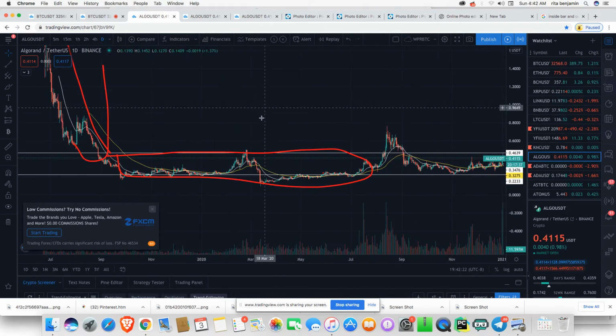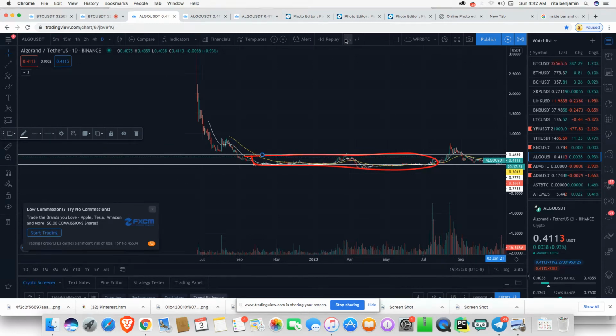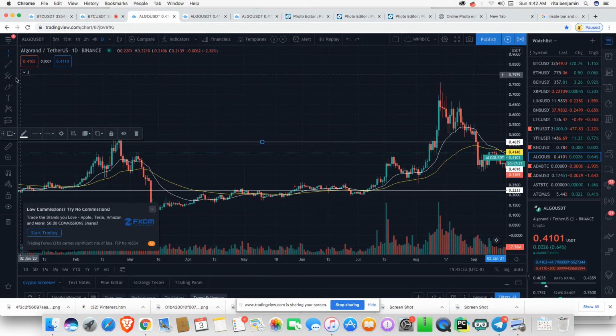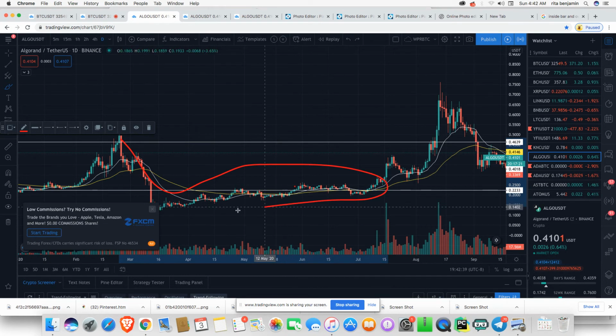So what we see here is price actually forming a new stage after the breakout. Like I said, if I draw my chart here, you have this accumulation going on, right?